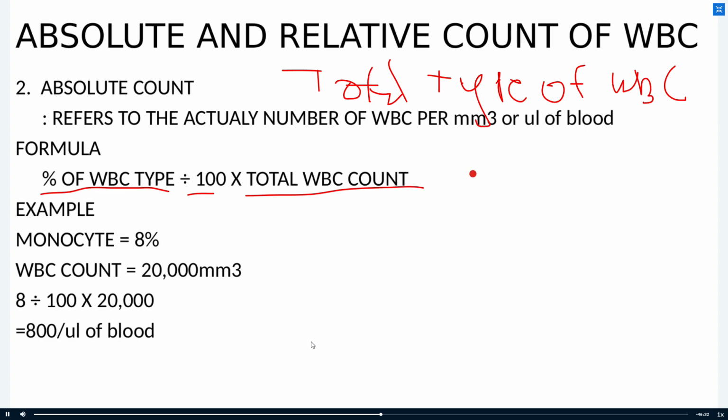So let's say, class, nakakita kayo ng 8 na monocytes. So 8% monocytes yun. You divide it by 100, then you times it by the total WBC count. So in this case, 20,000 cubic meters. So 8 divided by 100 times 20,000, you would get 1,600 per UL monocyte.